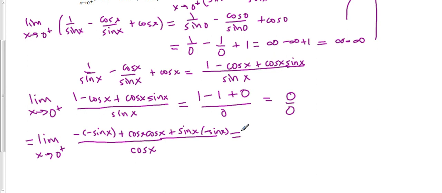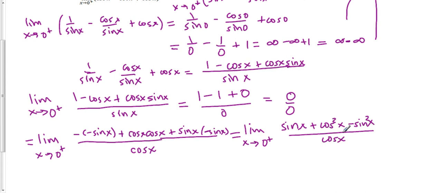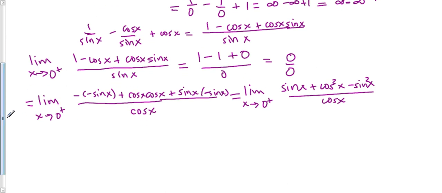And let's see what we've got going on here if we simplify things a little bit, or at least organize it. So I've still got my limit as x goes to 0 from the positive side, but I'm going to have sine x plus cosine squared x minus sine squared x all over cosine x. And again, I want to try substituting in because that's really the easiest thing to do here.